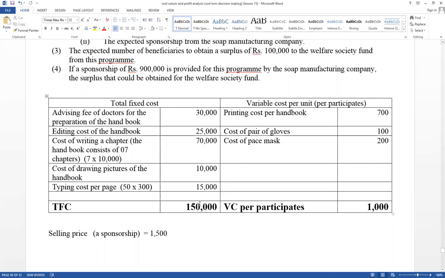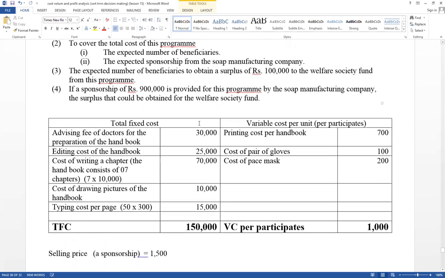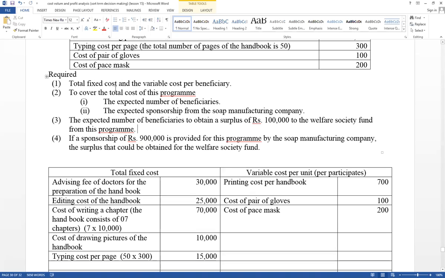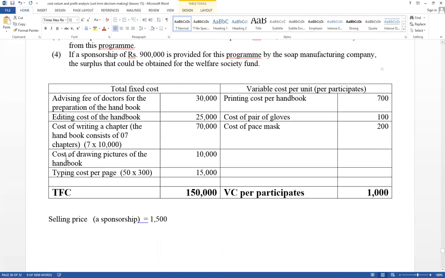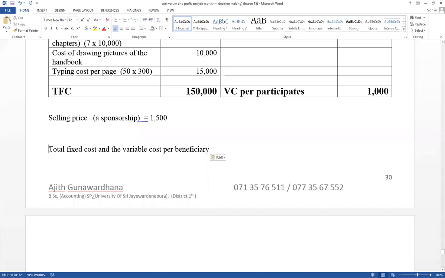Now think about requirements. For the first one, there's total fixed cost and variable cost per beneficiary. Total fixed cost already calculated. Therefore, think about requirement 1, which should be written separately. First one, there's total fixed cost.